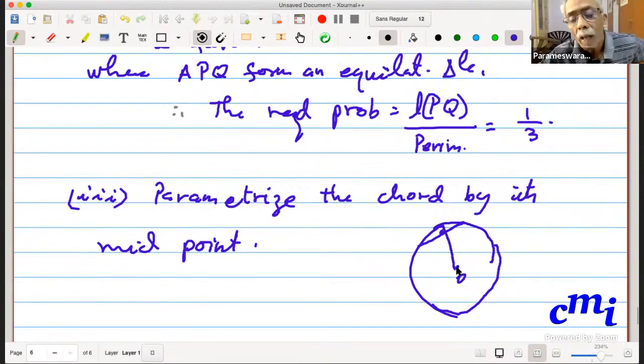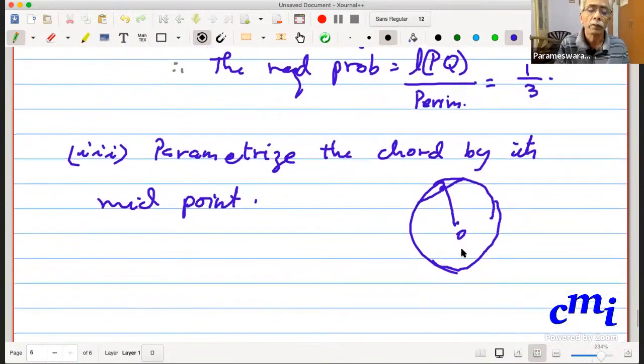Of course, you may say, what will happen if I choose the midpoint to be the origin itself? If it is the origin, you can either omit that, or it's a diameter. In any case, the diameter has length more than the side of an equilateral triangle.